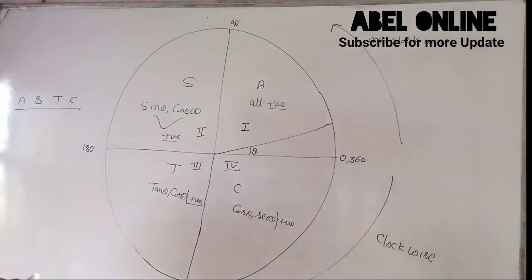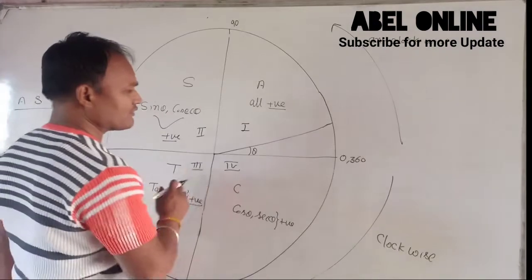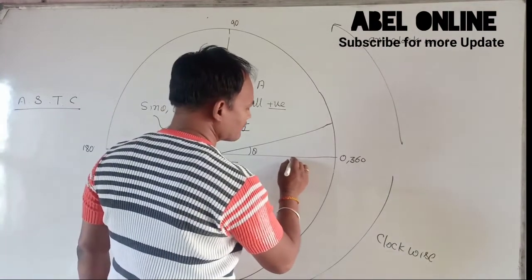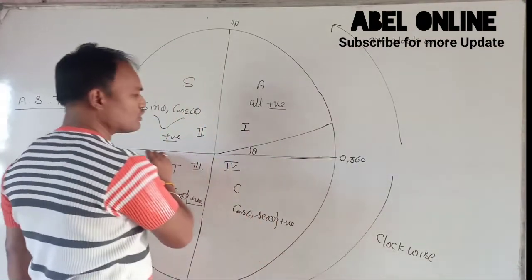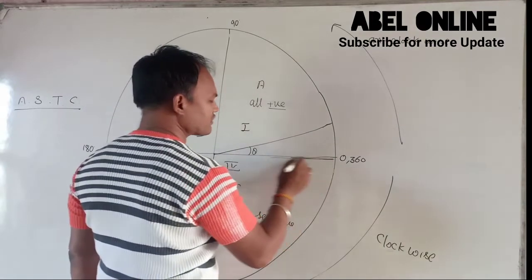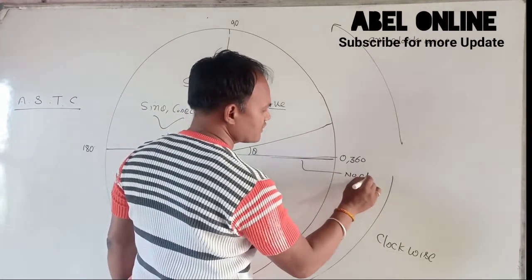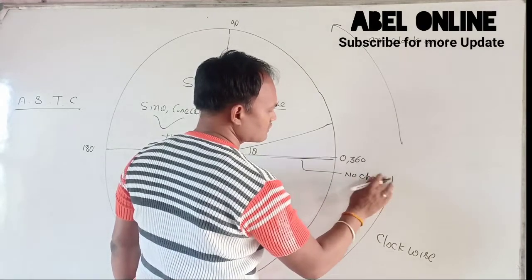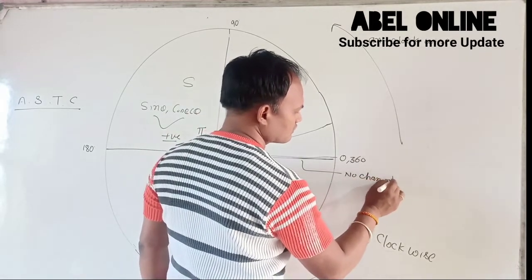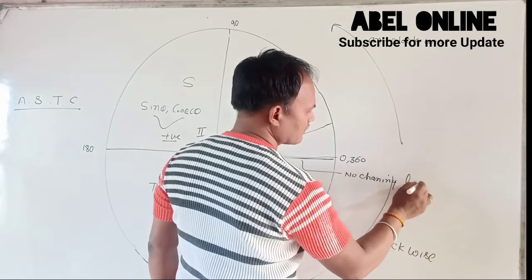What is this line called? This line is called the no changing line. Why?